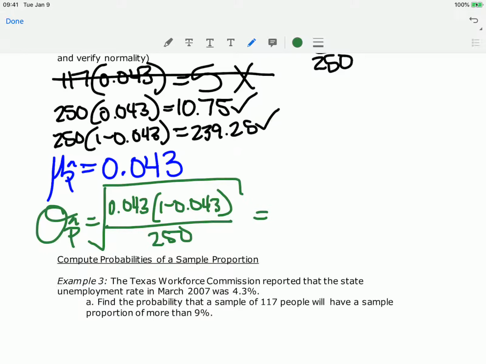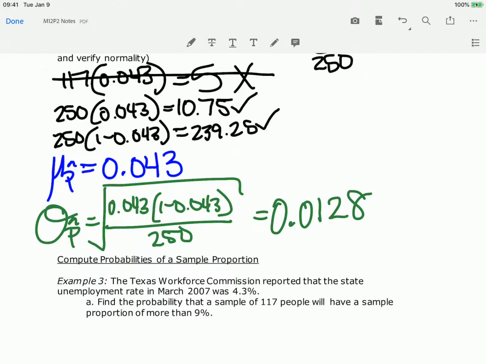And you can type this in your calculator exactly like this so long as you use all of the correct parentheses. Okay, and don't forget that square root step at the very end. It is very important and very often forgotten. So we do this and we get 0.0128.